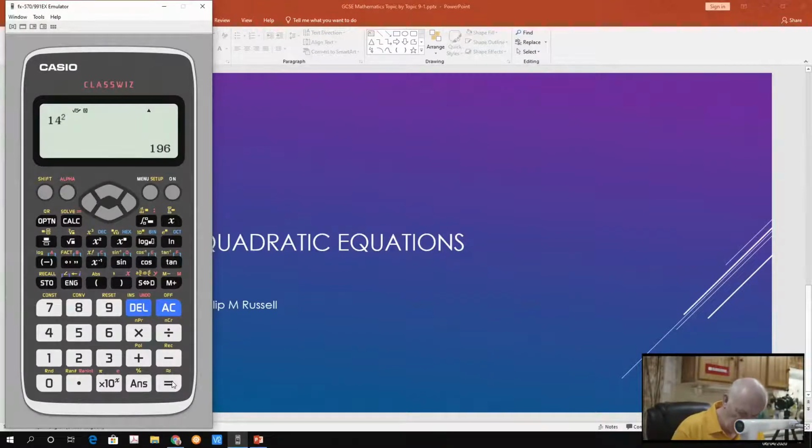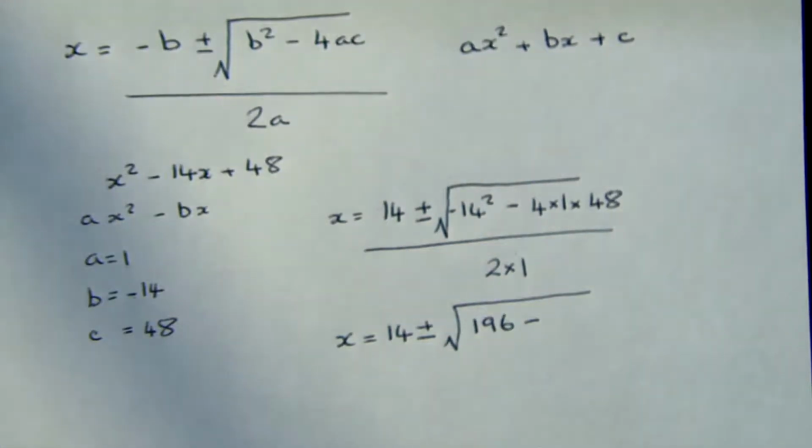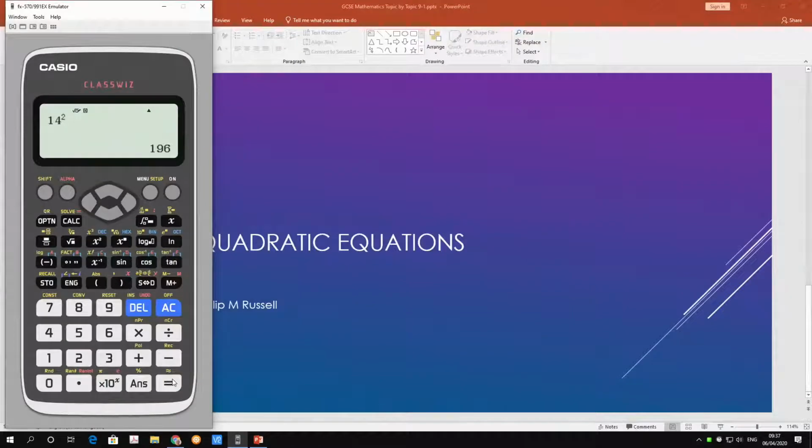So there we are. 196 minus, and I want to work out the rest, which is going to be minus 4 times 1 times 48. And unimpressively, I've got an answer which was not what I wanted there.